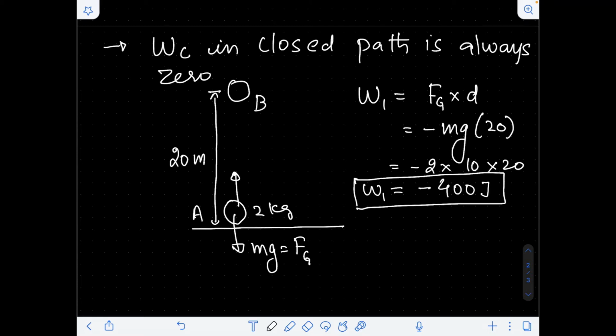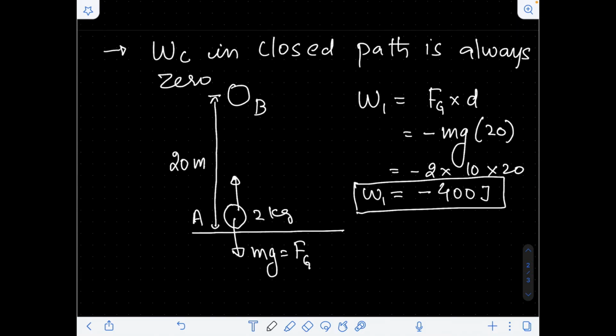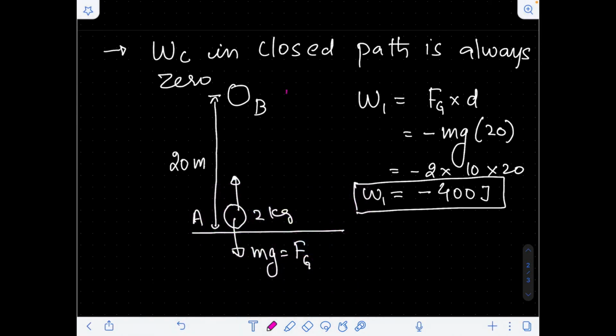But when the object moves downward from B to A, what is the work done by the gravitational force? Now the displacement is in the downward direction. Again it is 20 meters, but the direction is downward. Gravitational force is also downward, so the displacement and force are acting in the same direction.